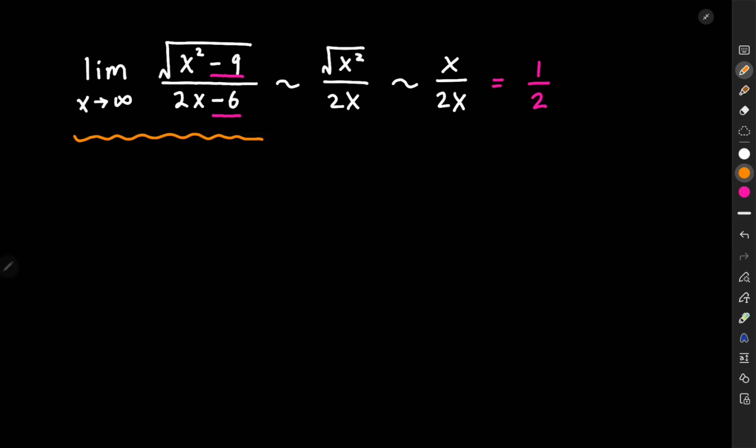You can think of it as you have something growing to infinity on the top, and on the bottom you're growing at a rate of 2. So here 1/2 is the growth ratio of top and bottom. So intuitively, we know the limit for this question is 1/2 as x goes to infinity.